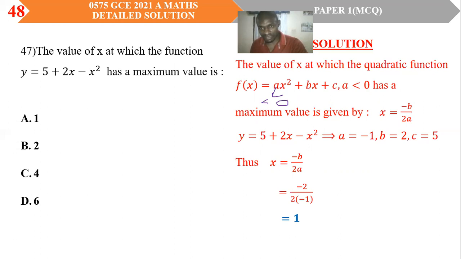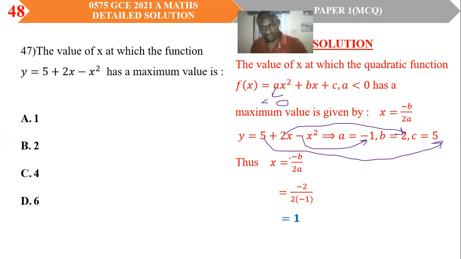Now, please look at a and look at the positions of b. y equal 5 plus 2x minus x squared implies a is equal to negative 1, b is equal to 2, and c is equal to 5, which is the constant term.